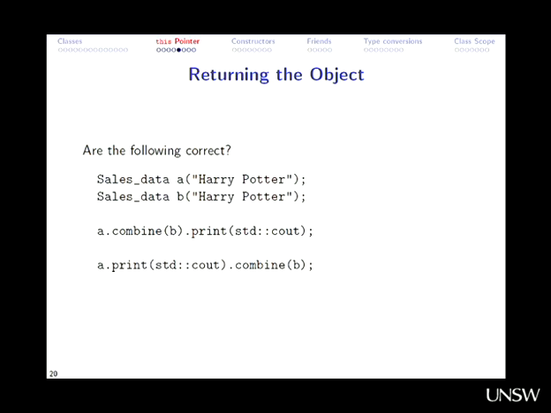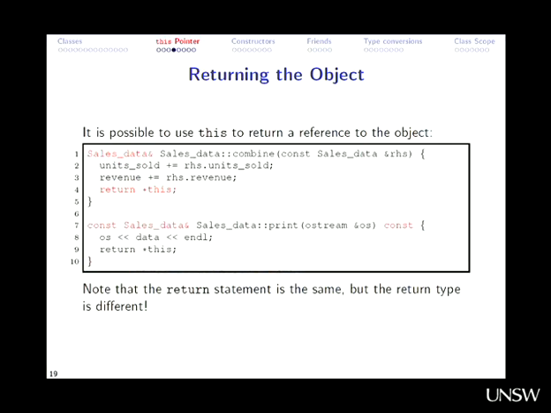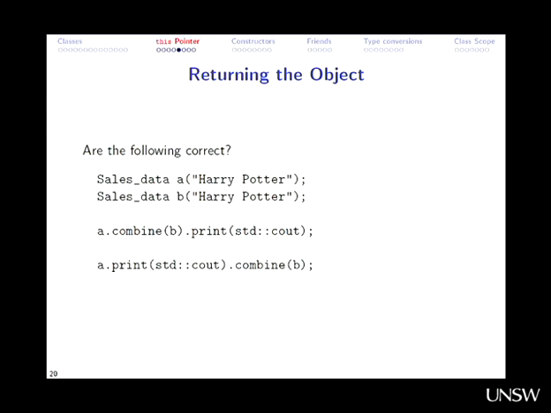But we can't say .combine because the reference it returned was const. So A and B were non-const objects. I need to be very clear about this. A and B were non-const objects. But because the .print, I'm going to jump back, because the .print returned a const reference, it means that we can't call .combine. Okay?